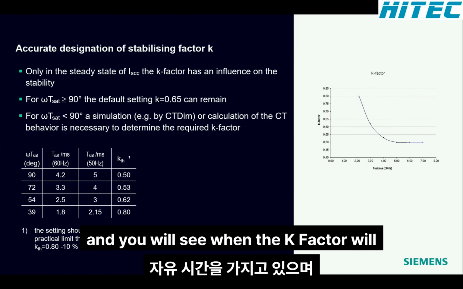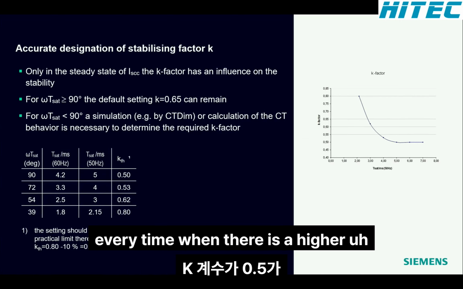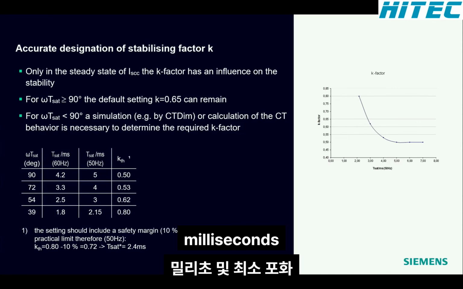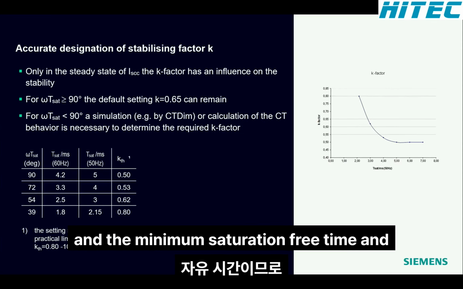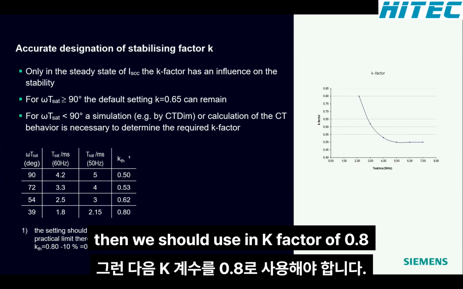And you will see the K factor will be 0.5 every time there is a saturation-free time higher than 5 milliseconds. And for the minimum saturation-free time, that's roughly 2 milliseconds, then we should use a K factor of 0.8.